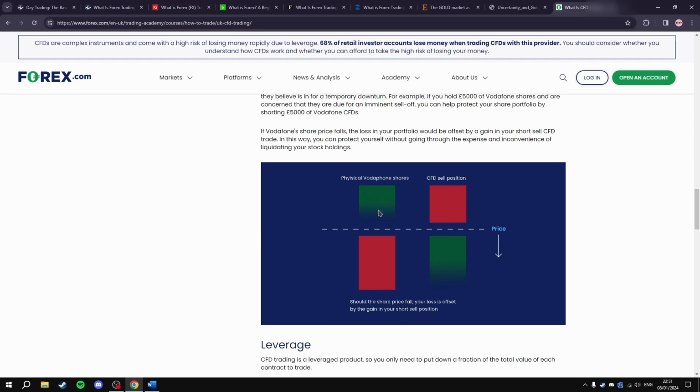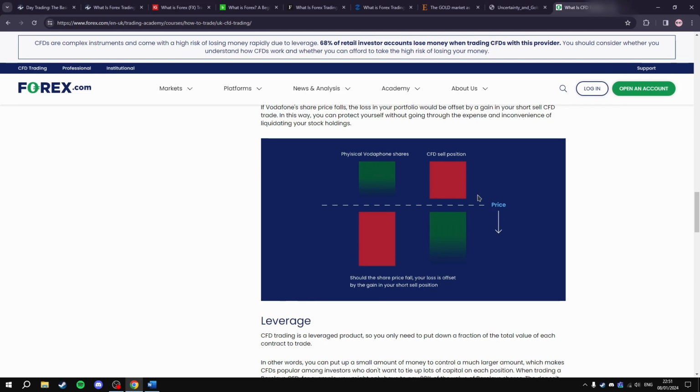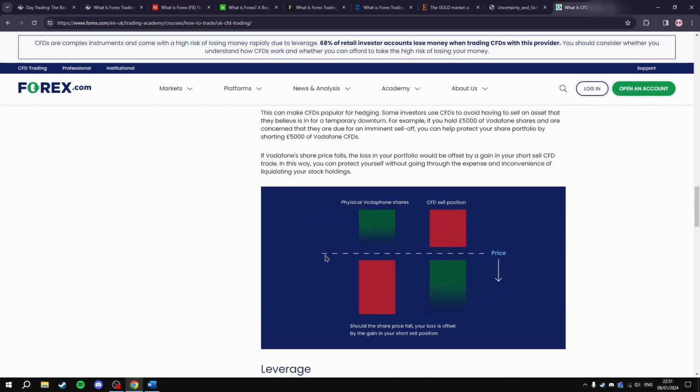Physical Vodafone shares. Should the share price fall, your loss is offset by the gain in your short sell position. So they cancel each other out somehow, but I don't really understand this diagram. So this is the price you buy it at, I'm assuming. This is a rise in price, which is good. This is a fall in price, which is bad.